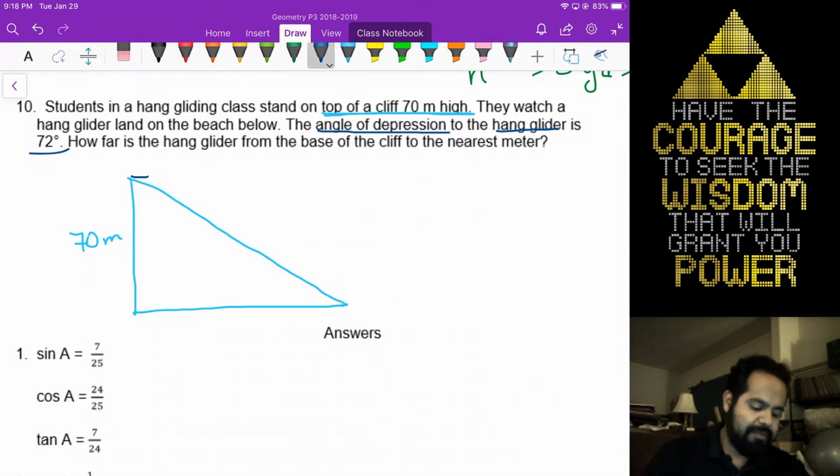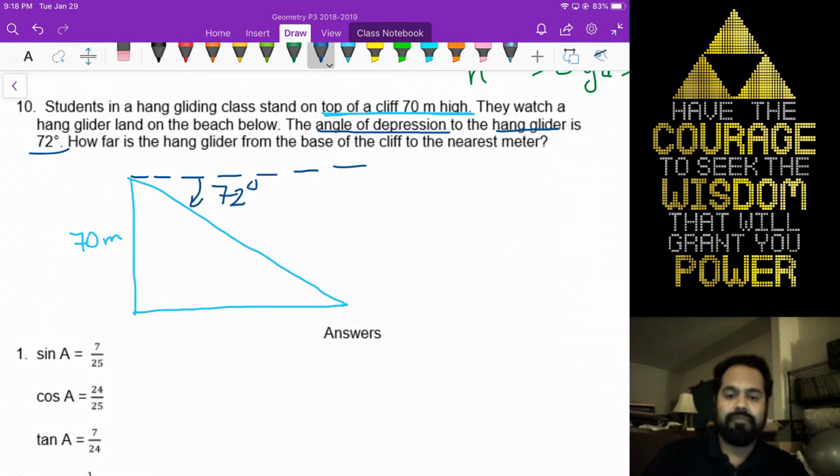Okay, the angle of depression, remember that that angle is in this corner here, so that's our 72 degrees. So then we can use our alternate interior angles and say, hey, the angle of elevation is 72 degrees. They are both equivalent.